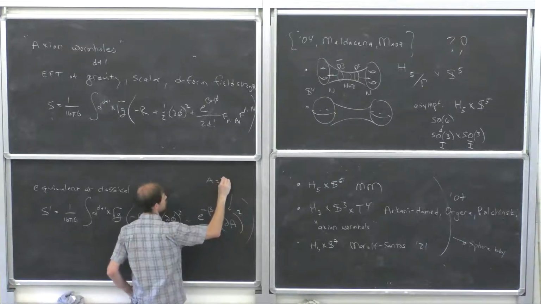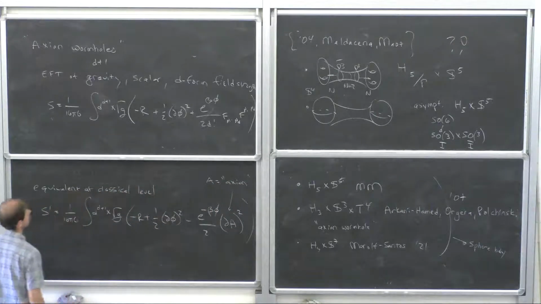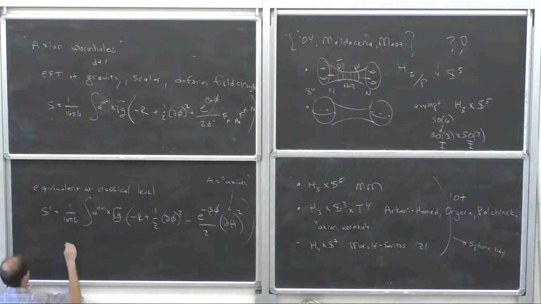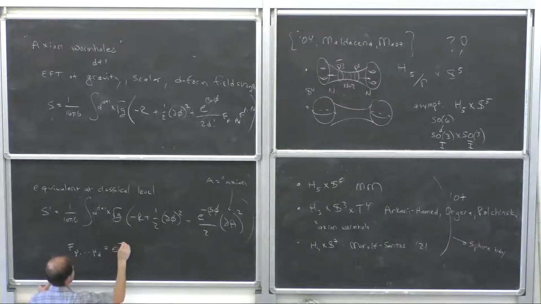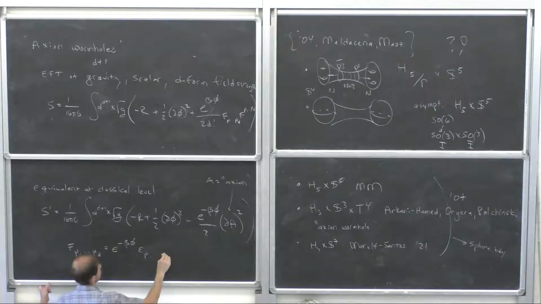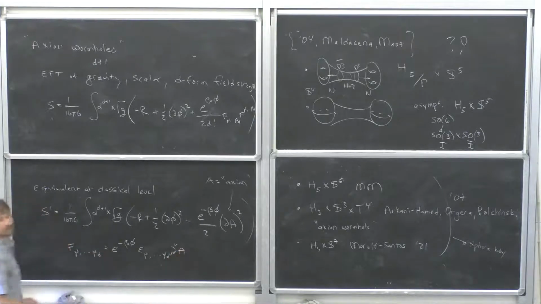A is the so-called axion, and it's related to the original field strength by F_{mu1...mud} is e^(-beta phi) epsilon_{mu1...mud}^{nu} d_nu A. You dualize the field strength into an axion.